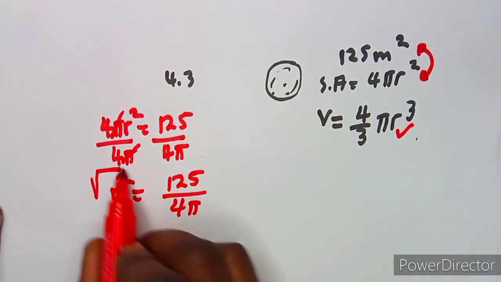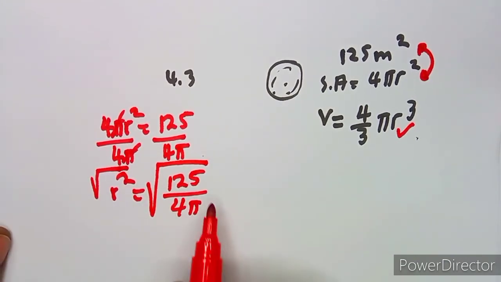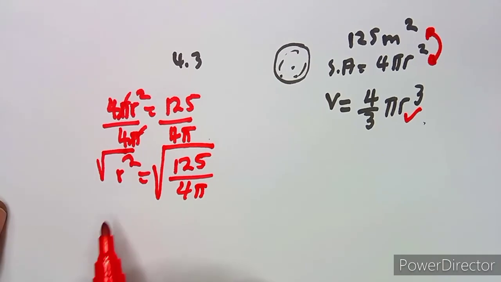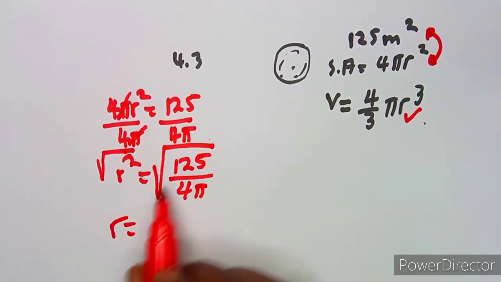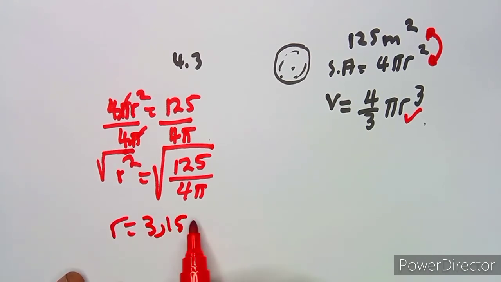So to find R, I can actually introduce the square root both sides, or I can first find the decimal, then introduce the square root. But you can just introduce the square root. At that stage, you can have your radius, which rounded to 3 decimal places is going to give us 3,154.